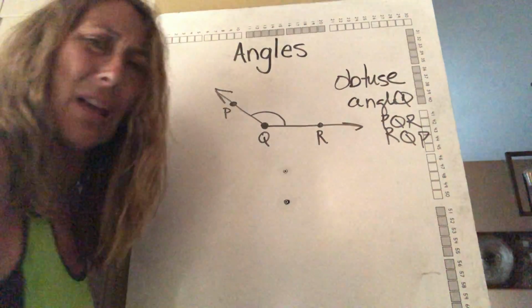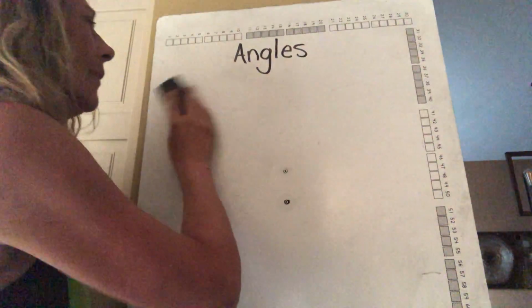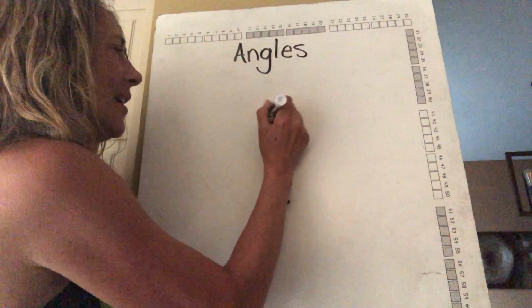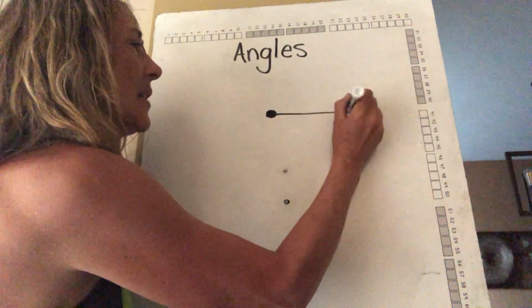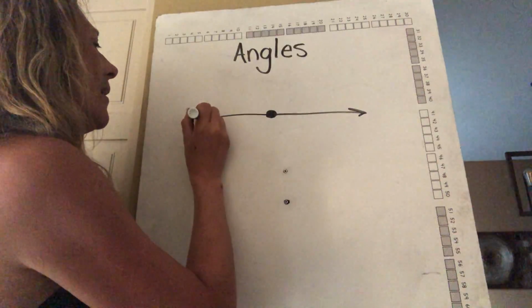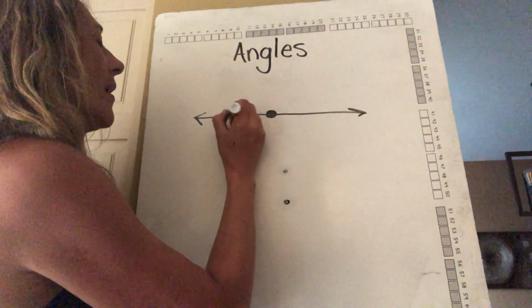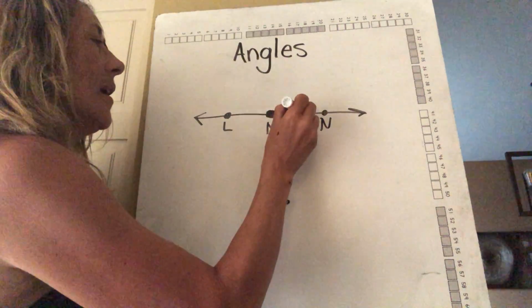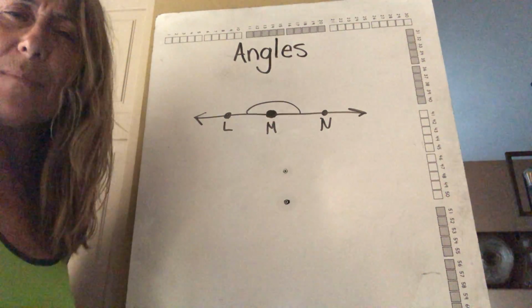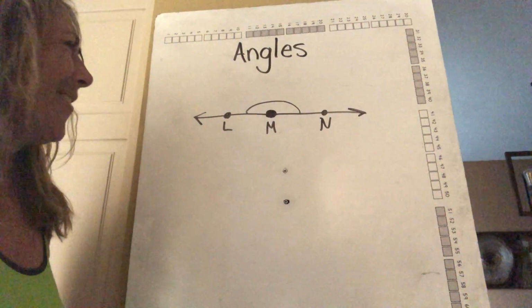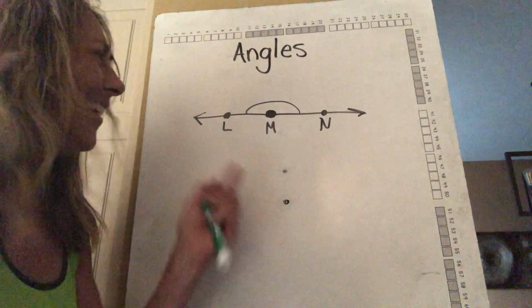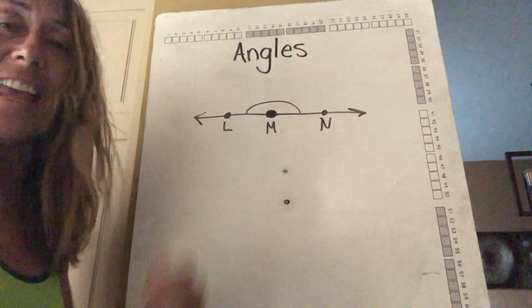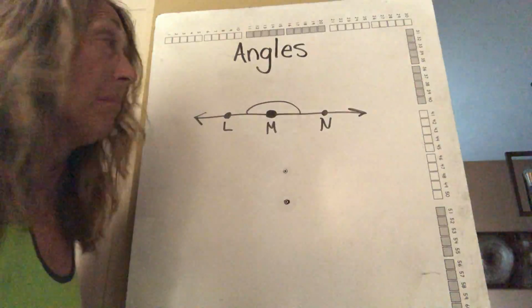And there's one more angle I want to show you. It looks similar to what we just learned about. Again, I'm going to start with my vertex, send a ray out that way, and send a ray out that way. L, M, N, and this is the portion that I'm talking about. That almost looks like a line. In fact, that could almost be a line, but it's also an angle. The name for that angle is a straight angle.